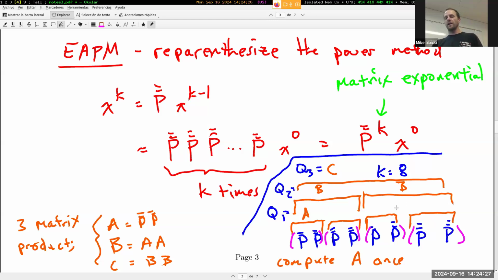We can just do it once and just reuse that variable. So we have 1 matrix multiplication on A, 1 on B, 1 on C, 3 levels of multiplications that we're doing. So there are only 3 matrix products happening instead of the 8 from the original. So that's the intuition behind why this is potentially faster, because it results in fewer matrix multiplications.